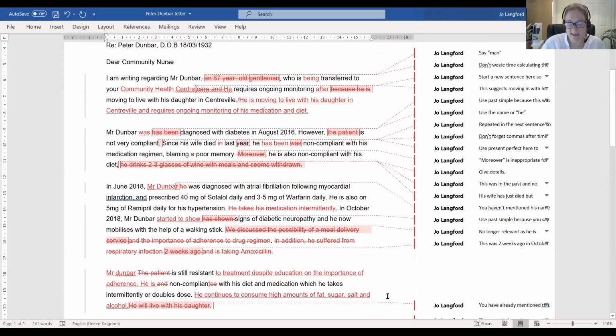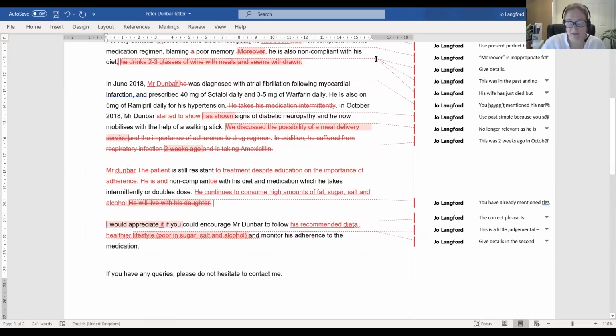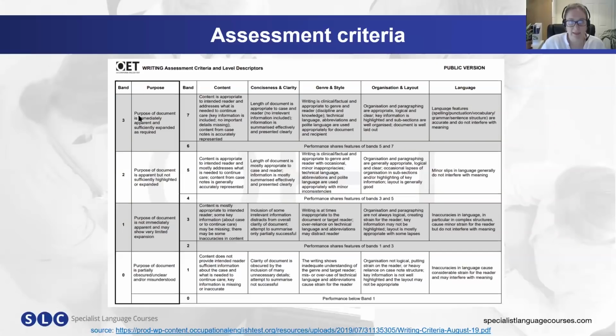Okay, let's have a little look at the OET writing criteria. If I just change my screen here. So we've got here, as I'm sure any of you who don't know about the OET writing criteria, you can find this on the OET website, get a PDF version. Basically, you've got the six criteria, so the purpose is out of 3 and all the others are out of 7.